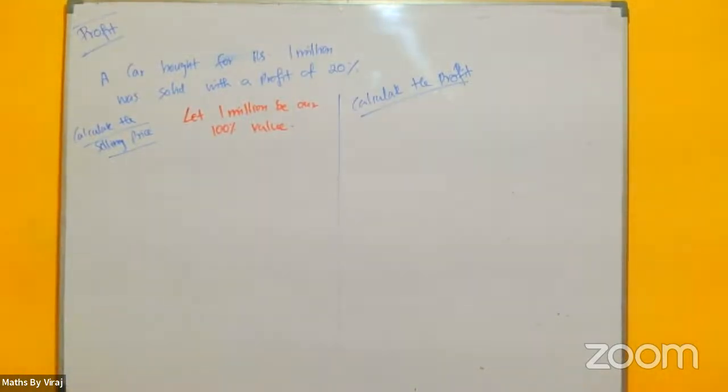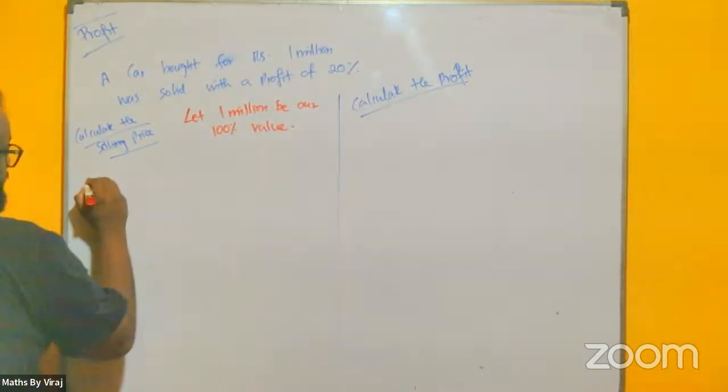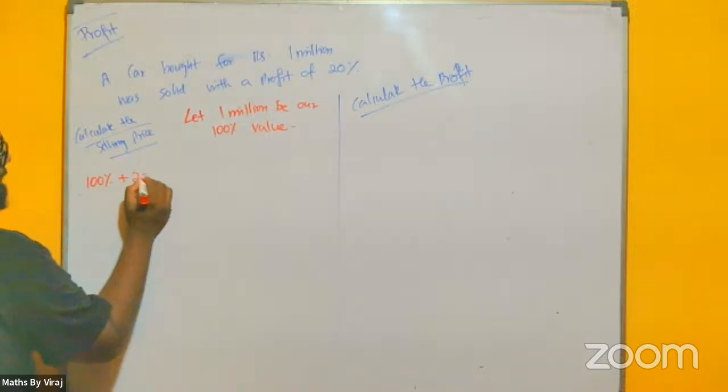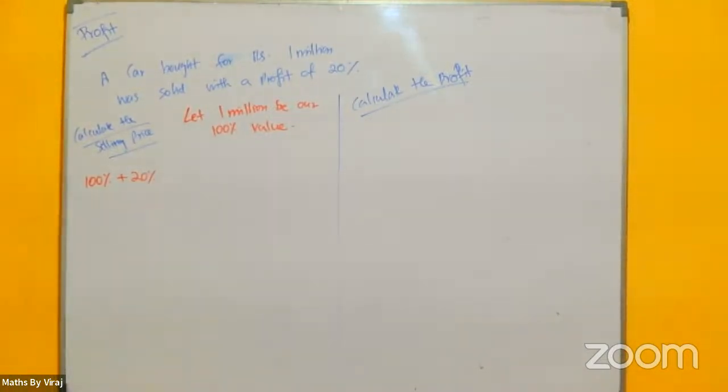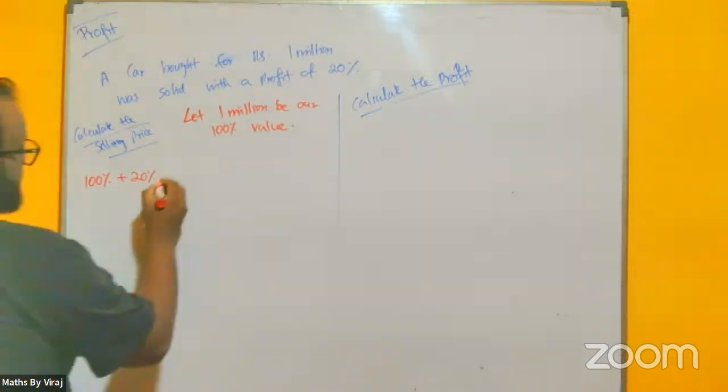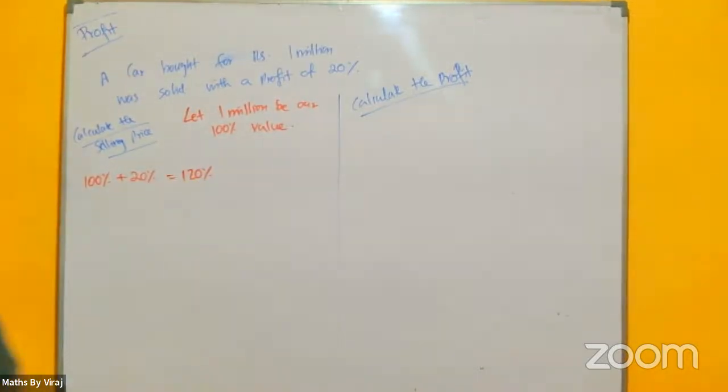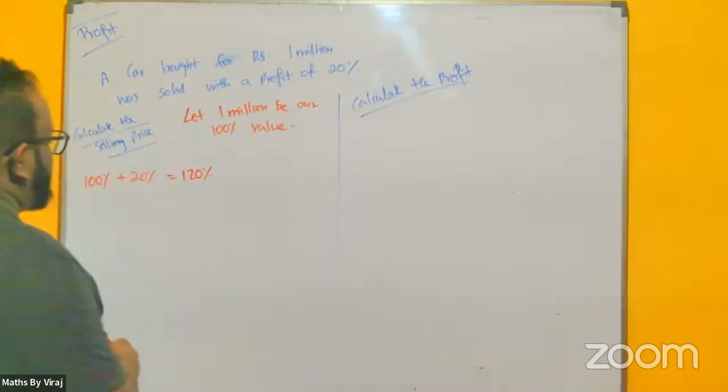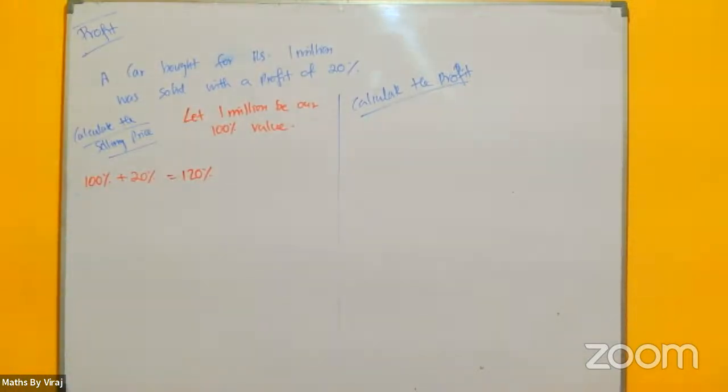Now, to this 100% value, we are adding 20% more, because the car bought for rupees 1 million was sold with a profit of 20%. Now, this profit 20% should be added. 100% plus 20% is what? 120%. Therefore, what is the selling price?